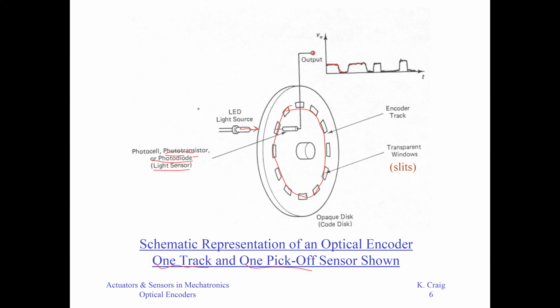Imagine you can do multiple tracks, multiple windows, and all other parts are opaque, not transparent. The overall thing we call a code disk. There's some code in there.